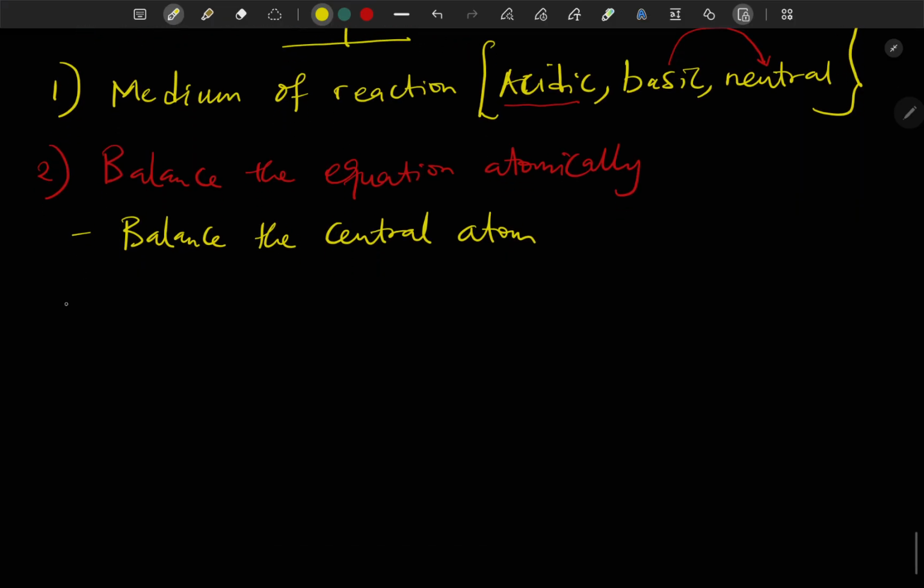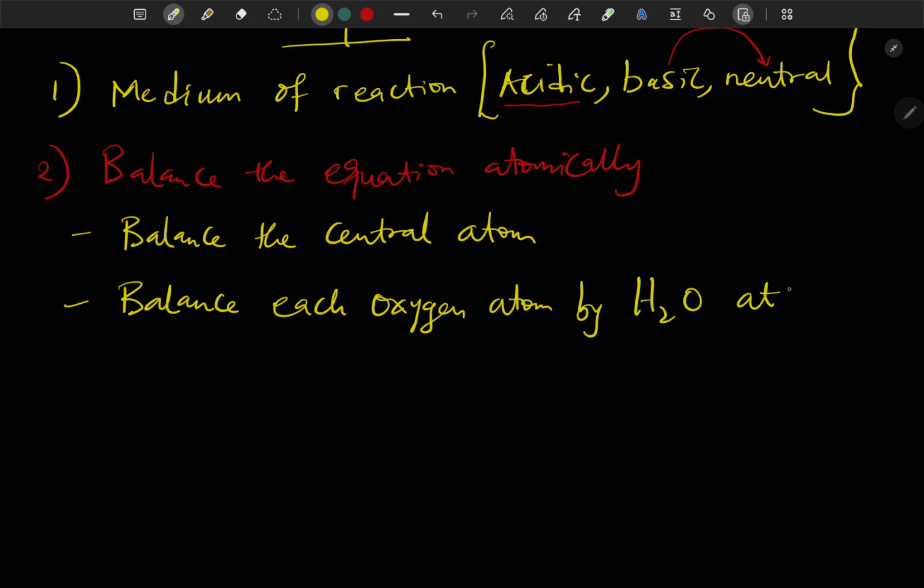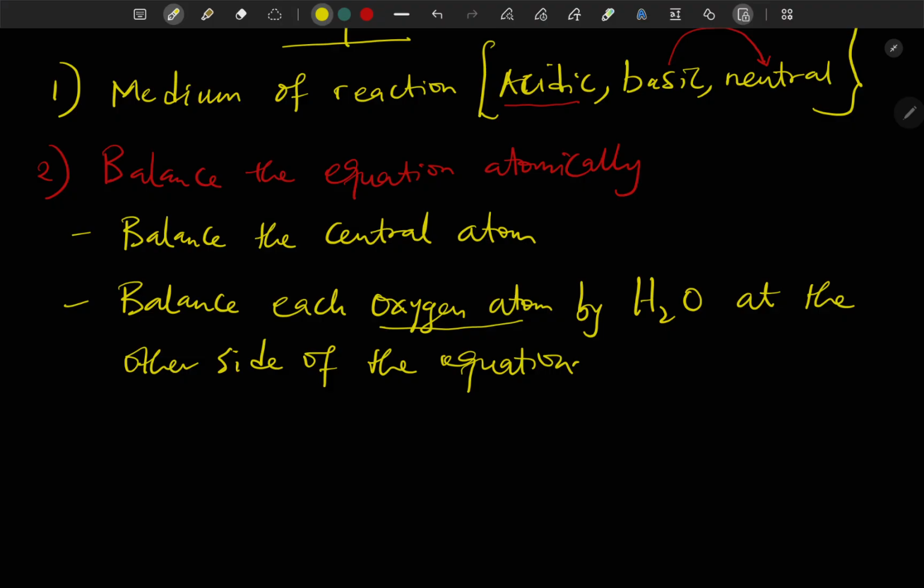Then next, balance each oxygen atom by H2O at the other side of the equation. What does this mean? If you have an excess oxygen atom at one side of the equation, you balance it by 1 mole.